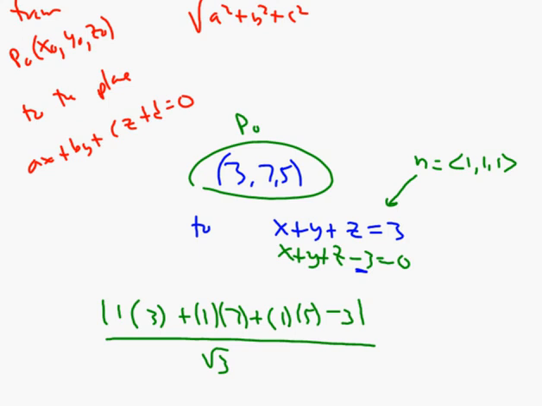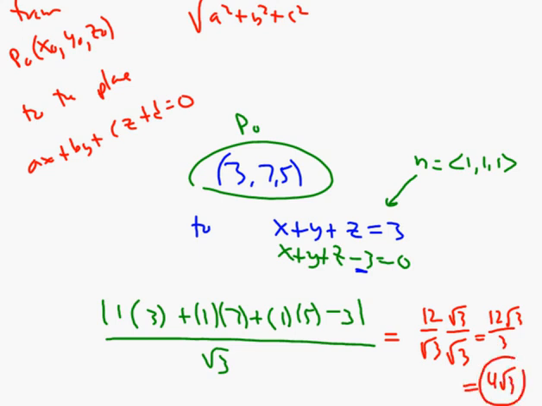Okay, well, without too much work here, you get an answer pretty quickly. The top, you're going to get just 12 over the radical of 3. I can rationalize that if I want. I don't need to, but I'm going to show you something. You end up with 12 radical 3 over 3, which is 4 radical 3. And that should be familiar to you, because that was exactly the answer we got when solving this problem the other way.